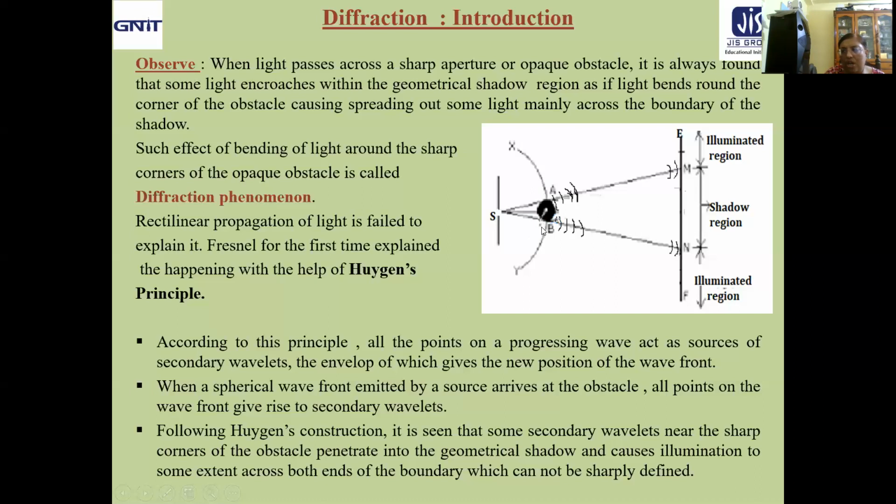So some portion of the sphere will penetrate within this geometrical shadow region, mainly across the boundary, because the portion of the wavefront just behind the opaque obstacle will be obstructed.